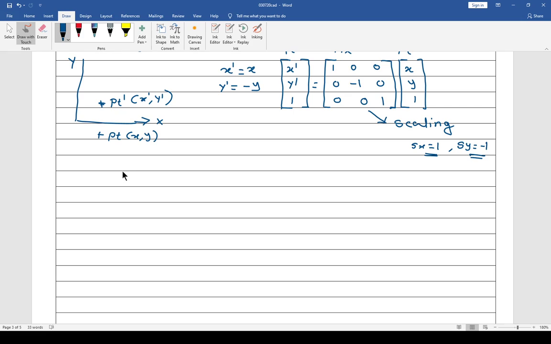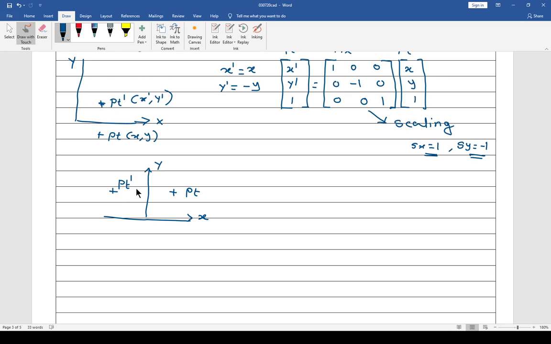Similarly, this is point PT, this is my x-axis, this is my y-axis, and this is PT dash.